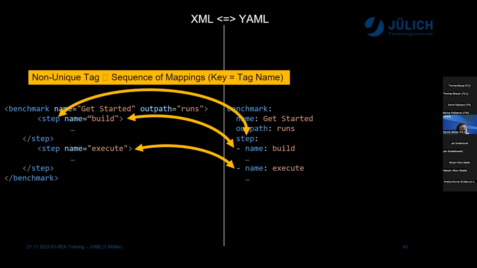So for every actual step, you have one child of step starting with a bullet point dash, and everything behind that dash is then the step. So there again we have the name attribute. This is like the first key, the first child of the sequence element, so it should be fairly easy to see the equivalence here.